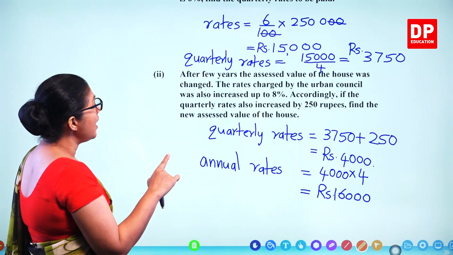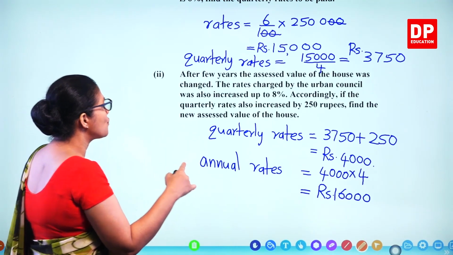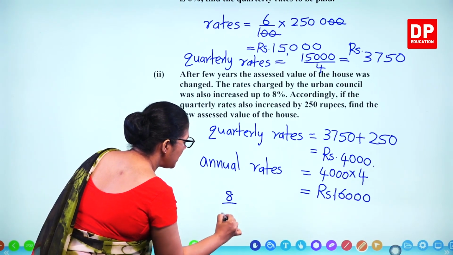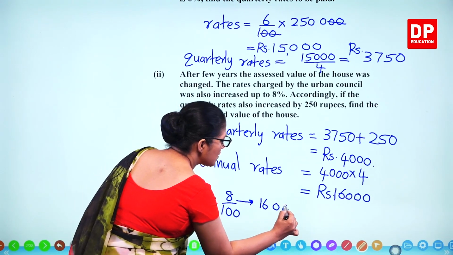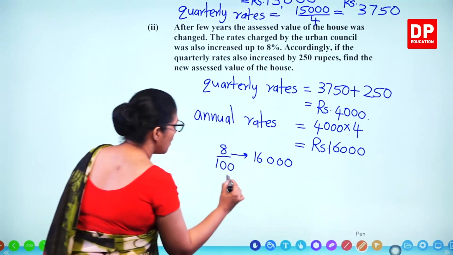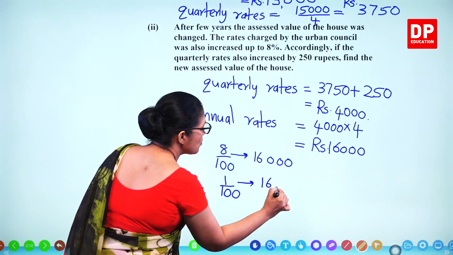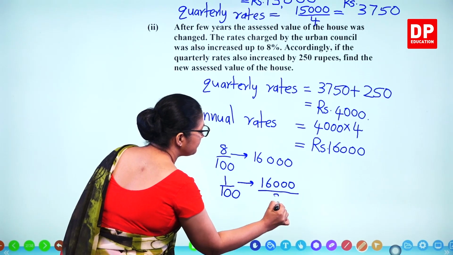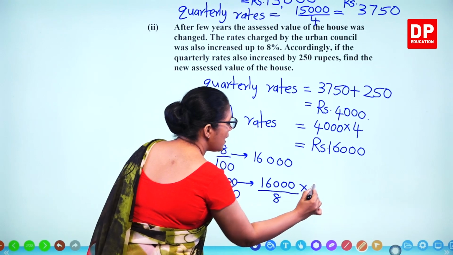And 8% is 16,000. So what is the assessed value? 8% means 16,000 rupees. So one part is 16,000 divided by 8, and for the full 100 parts you multiply by 100.